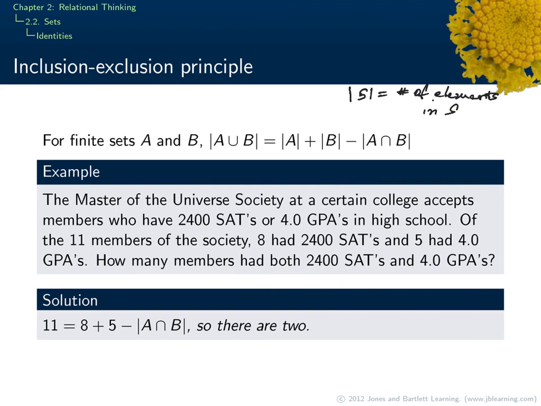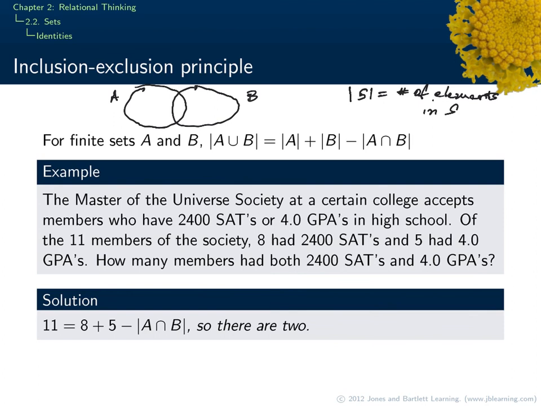Okay, now on to the counting problem. Let's suppose we've got a set A here, and I've got a set B here. And suppose I want to count the objects in the union of those two sets.